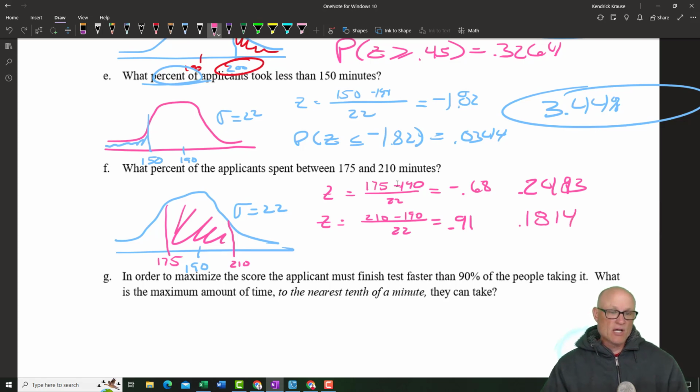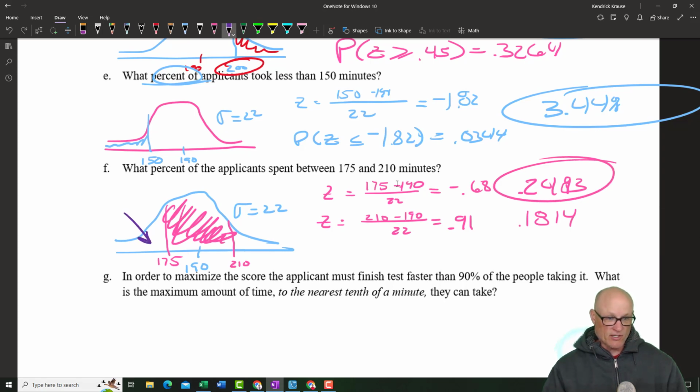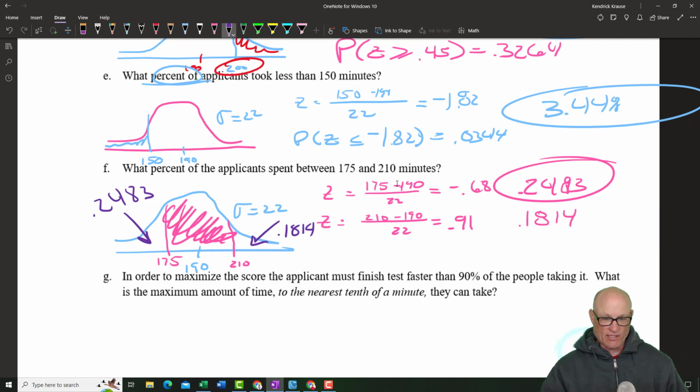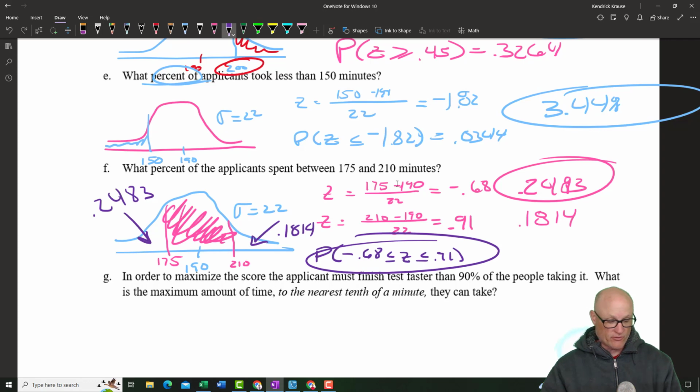Now, I want the part that's in the middle. Remember, when we come back, these should be pointed into the tails. This is 0.2483. This is 0.1814. I don't want those. So since they're on opposite sides, to get rid of those two tails, I'm just going to subtract them from 1. So the probability that negative 0.68 is less than or equal to z is less than or equal to 0.91. Again, writing this is bonus.